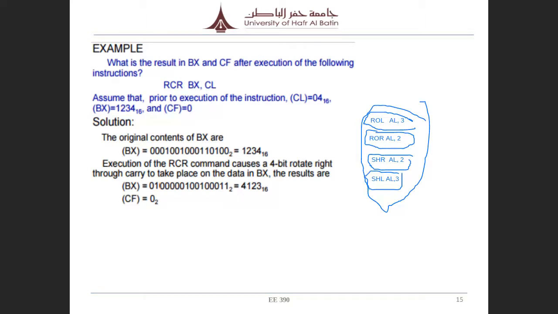Shift right and rotate right are not the same, so just see the difference. Rotate left and shift left are not the same either. What is the difference between these things? Just try to get the example.